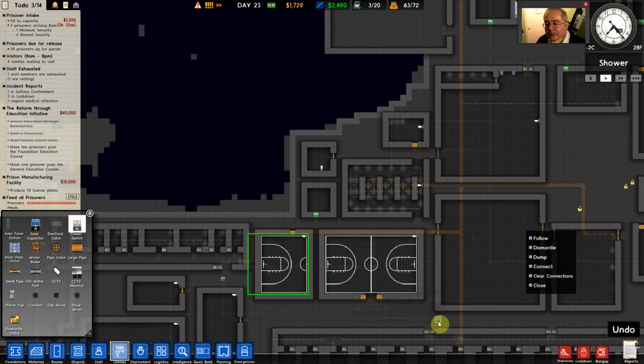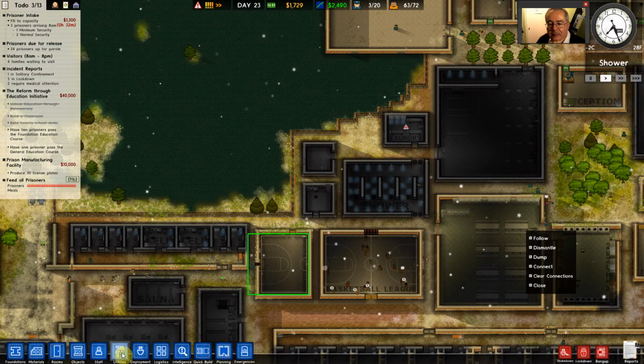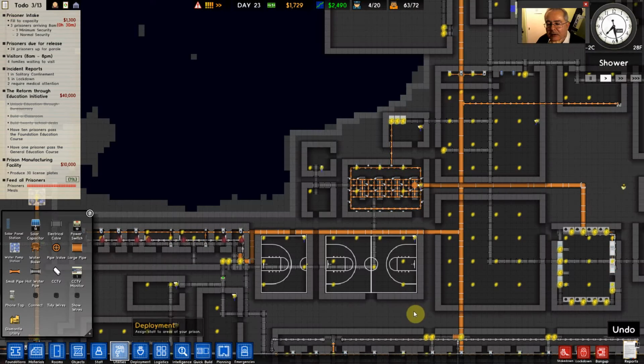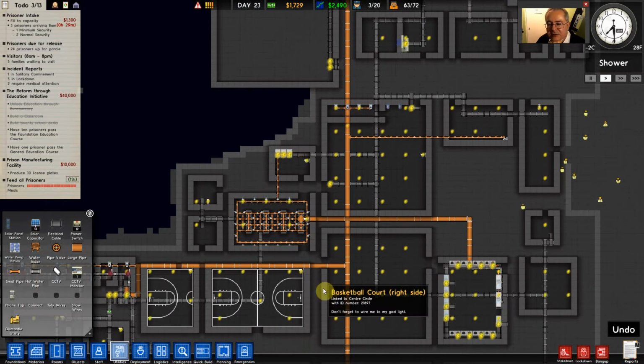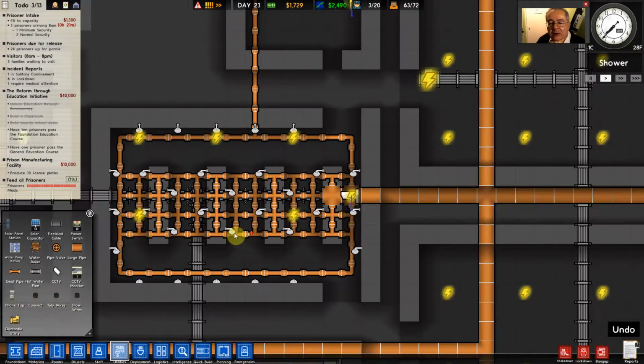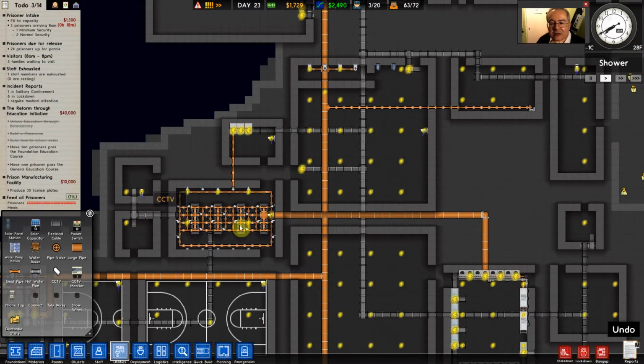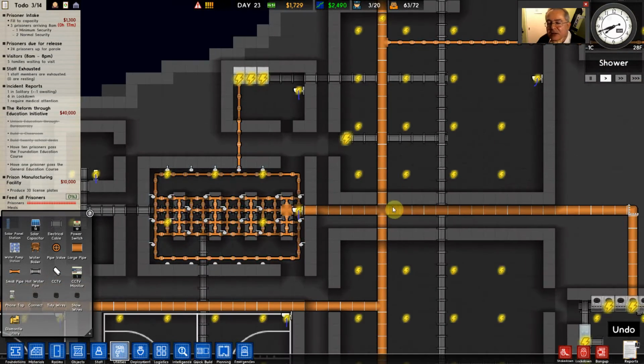Okay. The showers, they can have cold shower. Well, they don't need lights in there, do they? They can wash in the dark, so that's all going to be cut off. I'm not quite sure where it goes here. I can't see. Does it go under this pipe? I don't know.